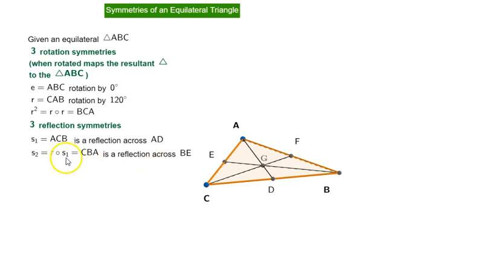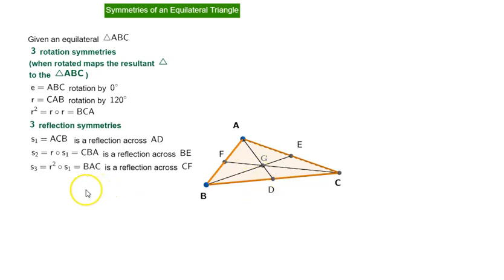So we have done the reflection across AD. Now we rotate it. When we rotate it, A goes here, C goes here, B goes here. Similarly, B goes here, F goes here, and E goes here. So CBA is a reflection across BE.